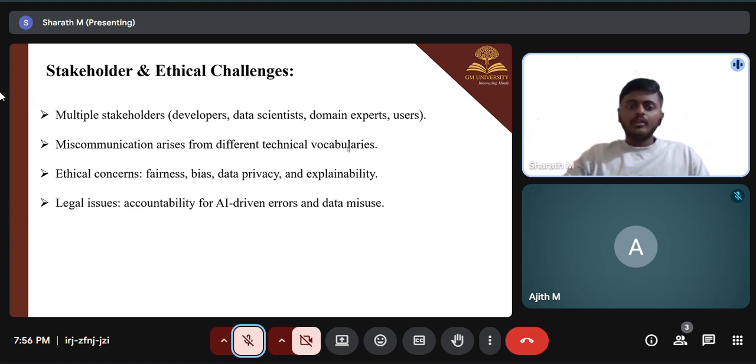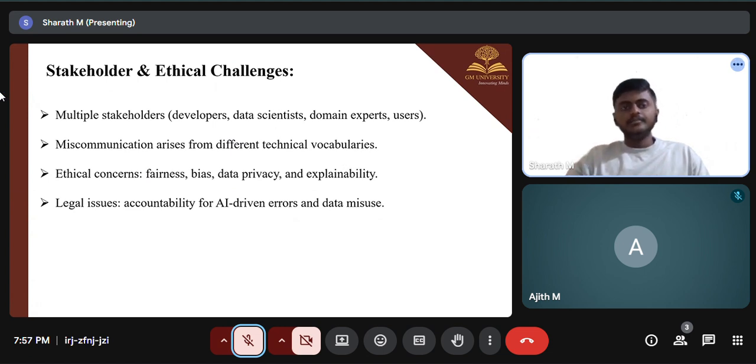This often leads to communication gaps during requirement gathering. There are also significant ethical concerns, that is ensuring fairness, avoiding bias, protecting user privacy, and maintaining transparency. From a legal viewpoint, it is also difficult to decide who is accountable when an AI system makes an error or causes harm. Hence, ethics and accountability have become a core part of modern requirements engineering.